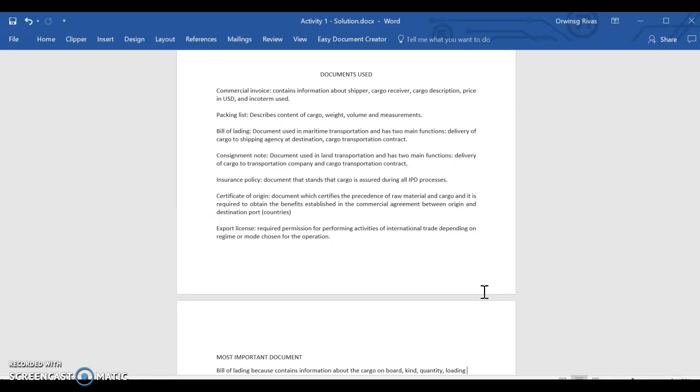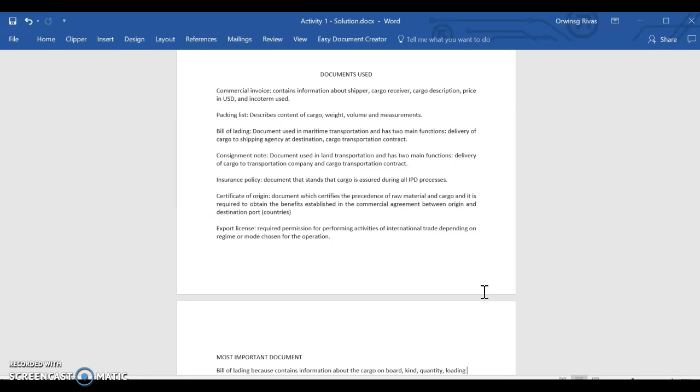Consignment note is a document used in land transportation. It is similar to bill of lading but only for land transportation. Why is it similar? Because it is delivery to the transportation company and also a transportation contract.